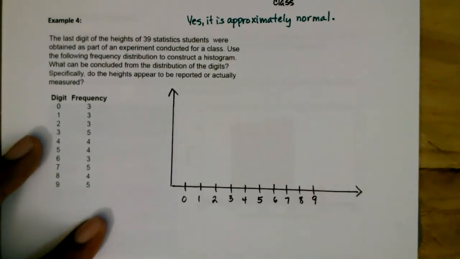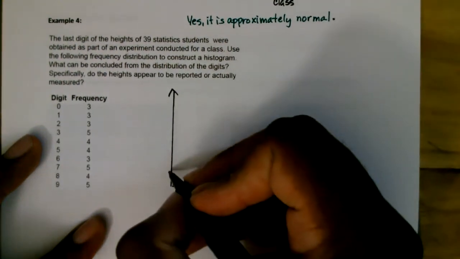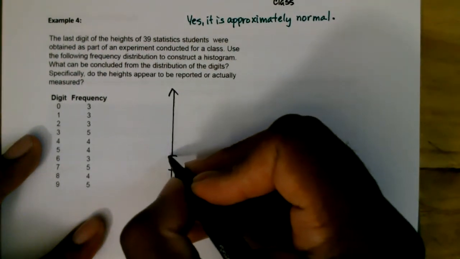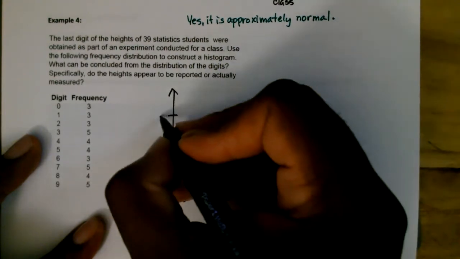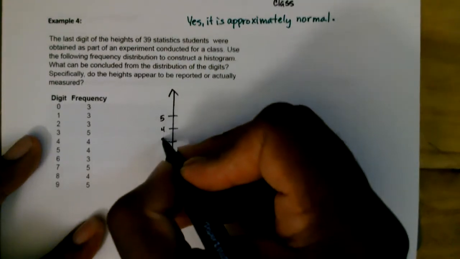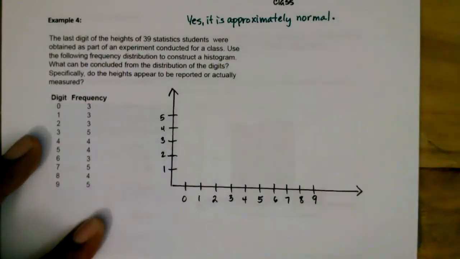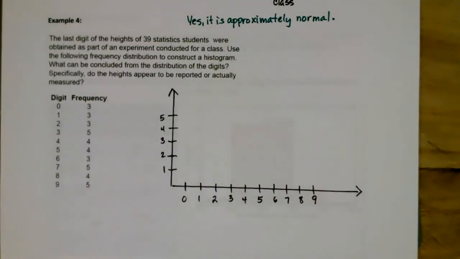And for the frequencies, the lowest is 3 and the highest is 5. I can just do this as 1, 2, 3, 4, and 5. Okay, and then we're going to draw those bars.